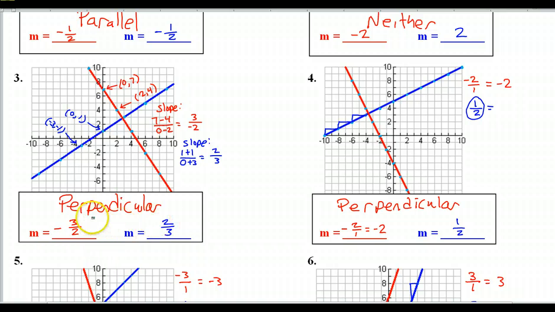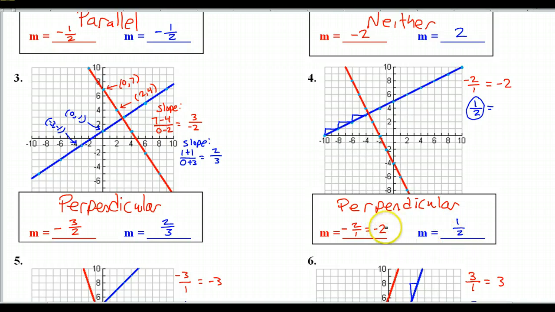Now, will that always happen when we have perpendicular lines? Well, let's look at number 4. We have -2 for the one slope, and then we have 1/2. Are those reciprocal? Well, I purposefully left it as 2 over 1 for a moment, ignoring the sign. It's 2 over 1. If we do the reciprocal of 2 over 1, what are we going to get? 1 over 2.